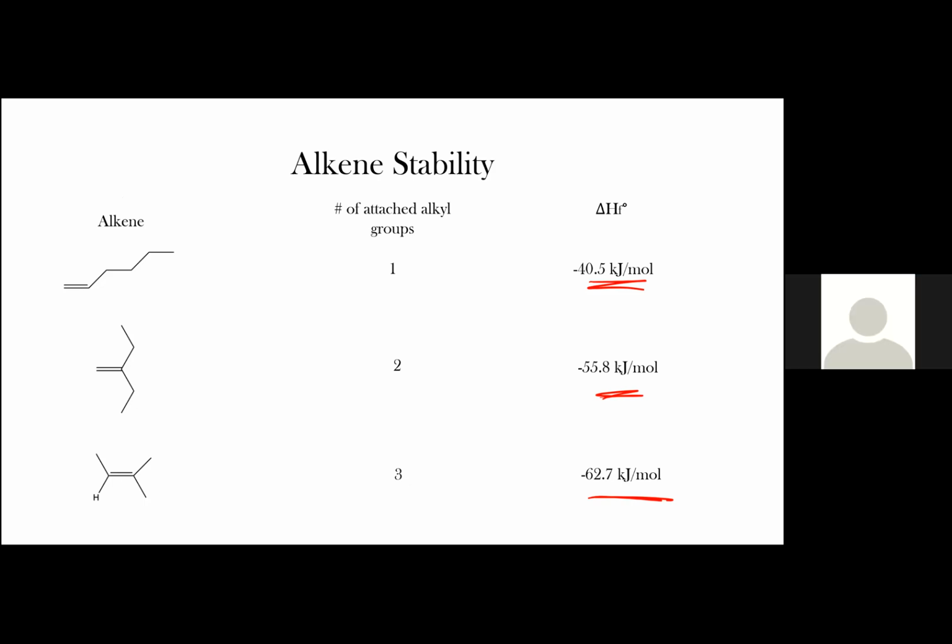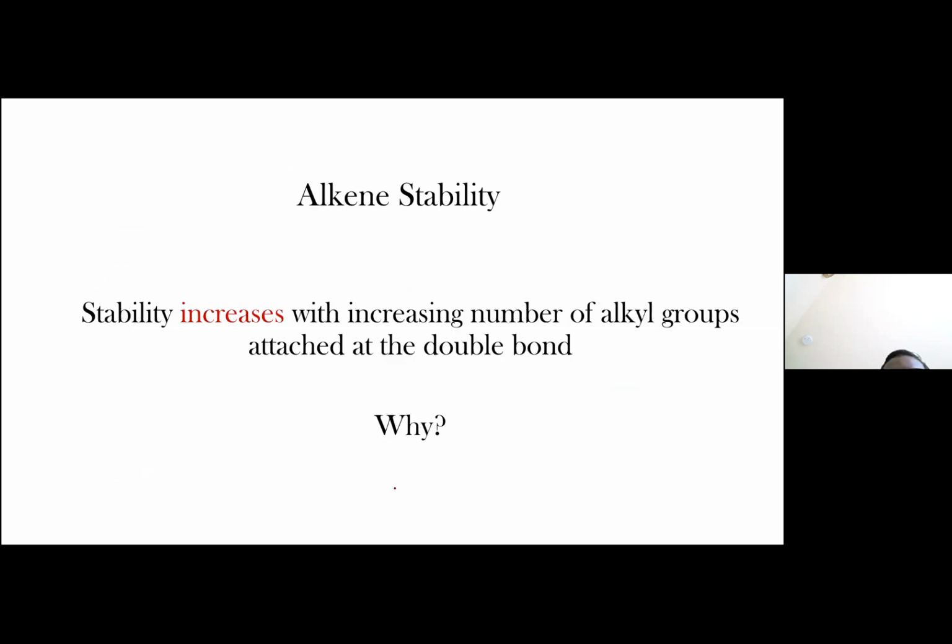As you add more groups, the heat of formation gets smaller. Yeah, exactly. And what is that telling us about stability? By adding more groups, our heat of formation is decreasing, so the more stable the molecule is. The lower the heat of formation, the more stable. So let's think about why this is.